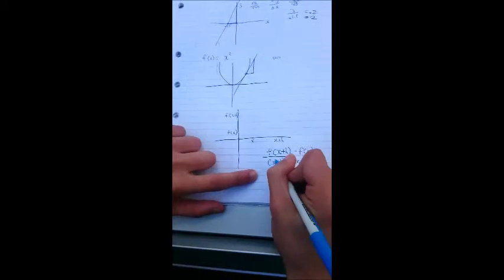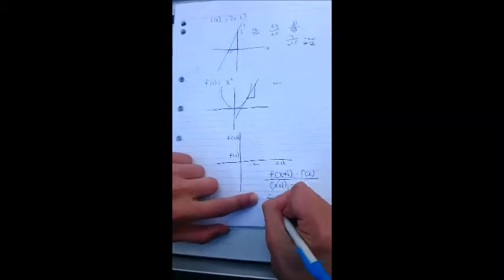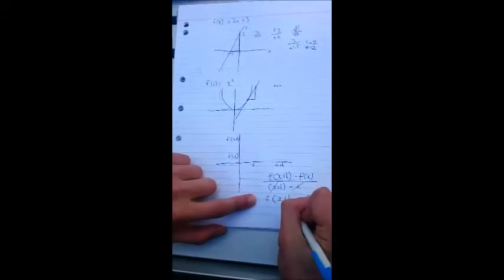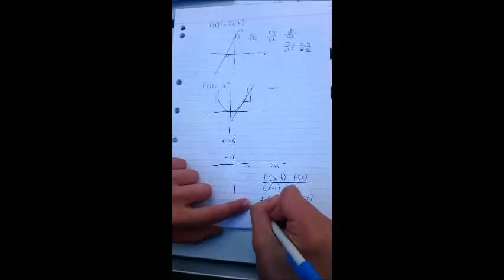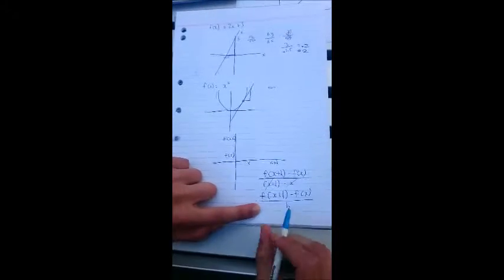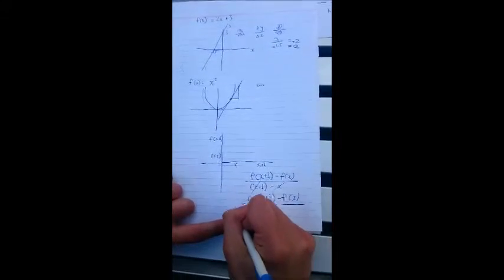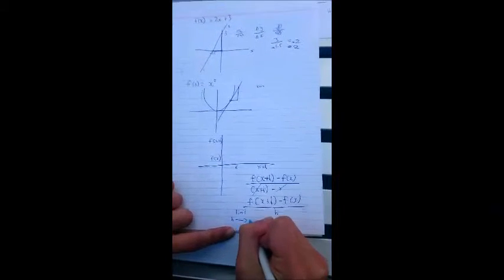So then we can cancel these, which gives us f(x plus h) minus f(x) over h. And from this, we take the limit as h shrinks to 0.